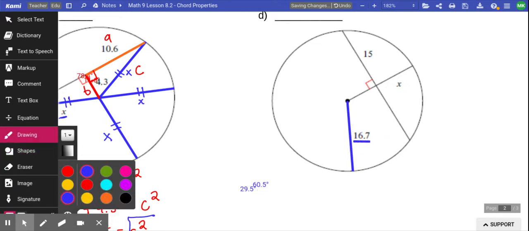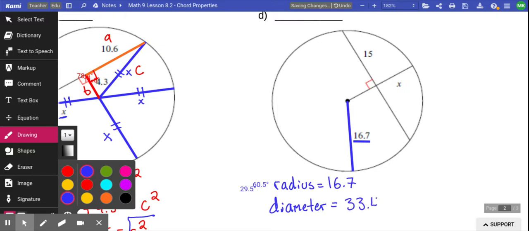So even though it might not help me, I'm going to write that out. I'm going to write radius equals 16.7. If I know the radius, I'm going to write the diameter. So the diameter is equal to 2 times that. So 16.7 times 2, which I'm not going to write this time, is 33.4.